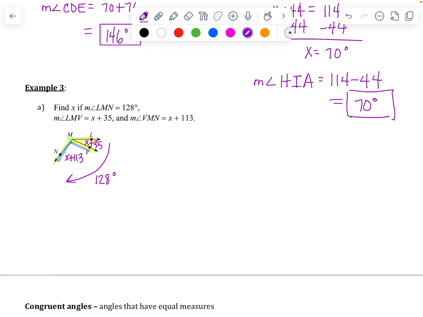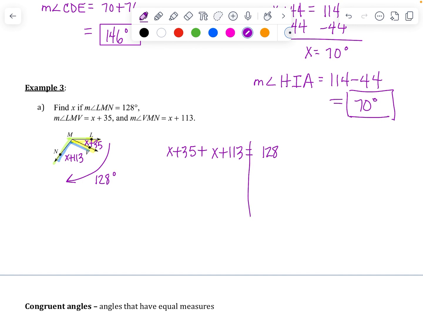So those outside letters, LMN, that represents 128. Again, that's the whole angle, all the way from L to the N, as if the hands of a clock were moving. So the two inside pieces, the x plus 35 plus the x plus 113, is going to equal 128. When we were doing segments, we talked about combining like terms.